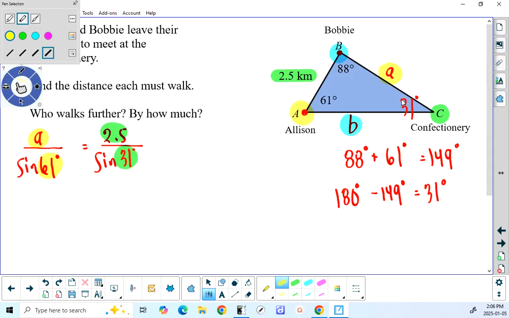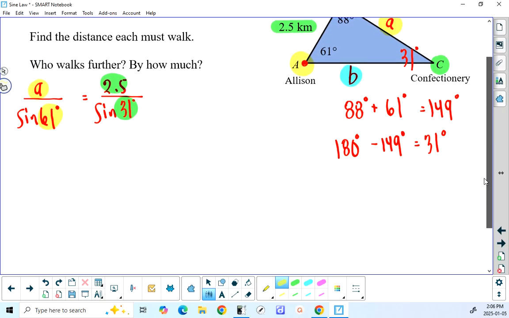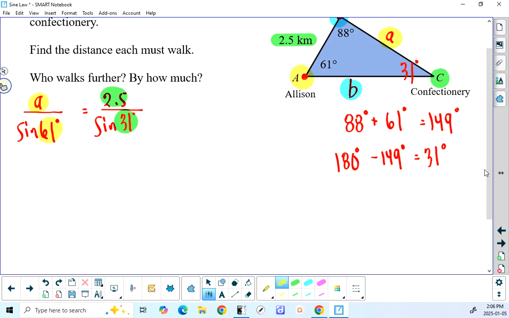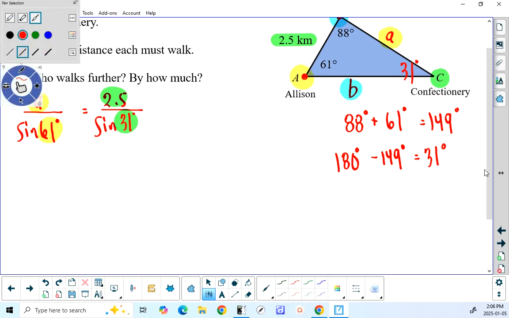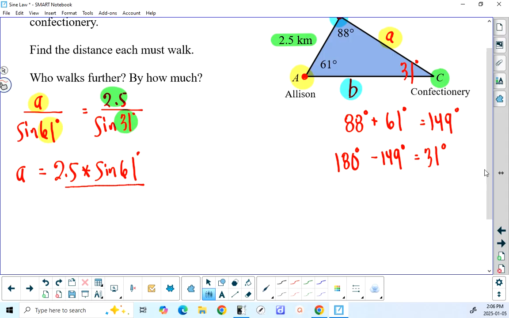So we can write A over sine 61 equals 2.5 kilometers over sine 31, which means that A will be equal to 2.5 multiplied by sine of 61 divided by sine of 31. Pretty straightforward.